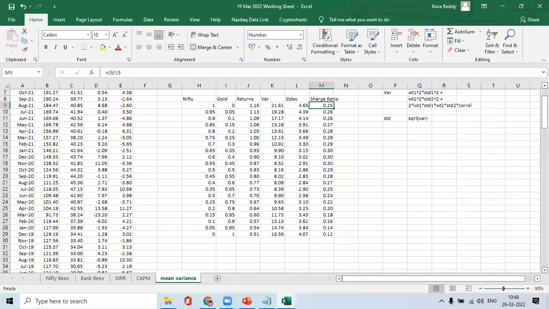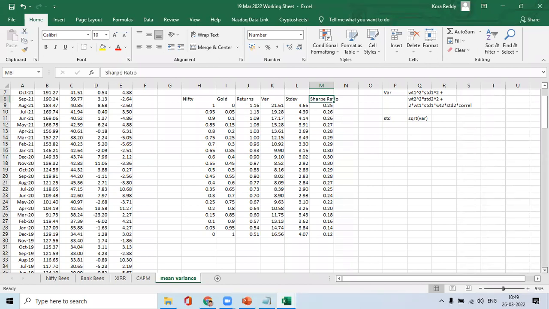Now your idea is to select the highest Sharpe ratio in this. That is the combination as per the theory. That is what the efficient frontier or mean variance optimized portfolio is. Where is the highest Sharpe ratio? 0.30. Which one? This one? Yes.